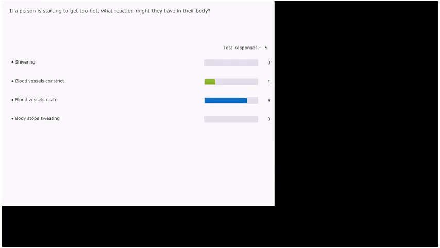Most people said blood vessels dilate, and that is correct. When we get hot, we tend to get rosy cheeks, and some people get really red on arms and legs and everything, and that's bringing more blood to the surface so that it can give off more heat.